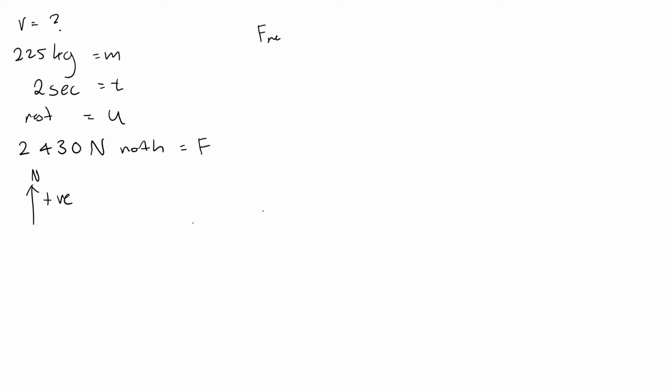So this question will need this equation, F net equals m times (v minus u) over t. So m is 225 kilograms, velocity is just v, because we don't know. U is at rest, so that's 0, so that just becomes v on top, and time is 2 seconds.